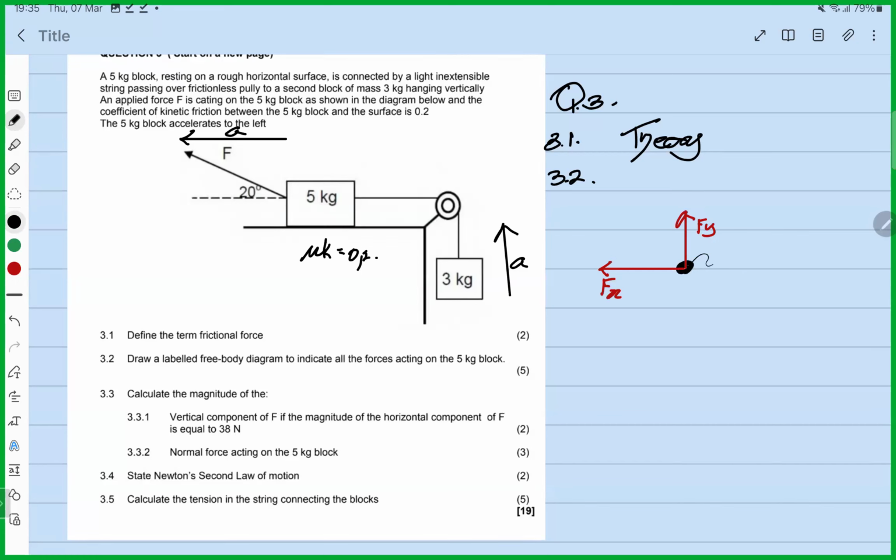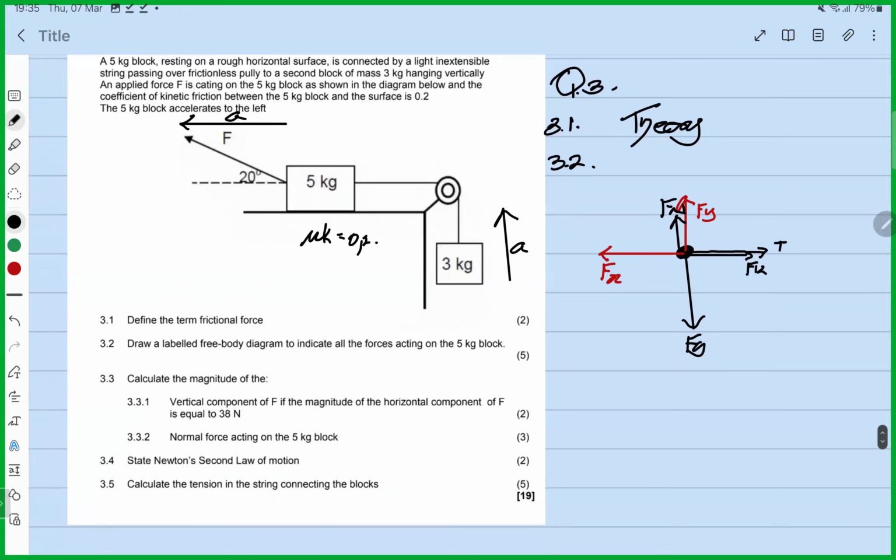So we're going to have your gravitational force, your normal force, your tension, and your kinetic friction. This is for the 5 kilogram.